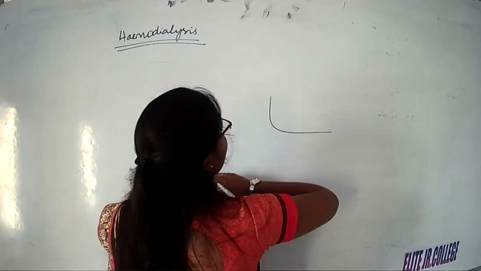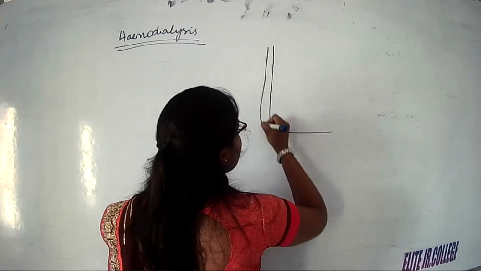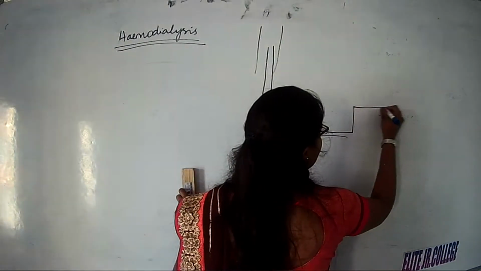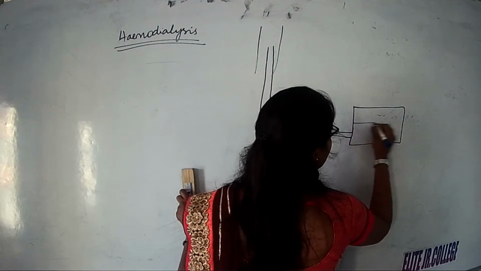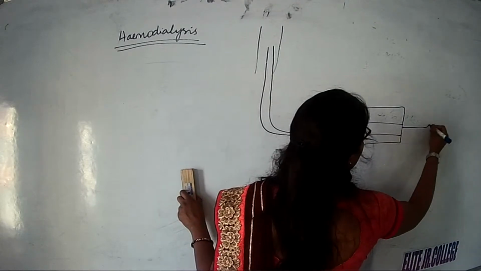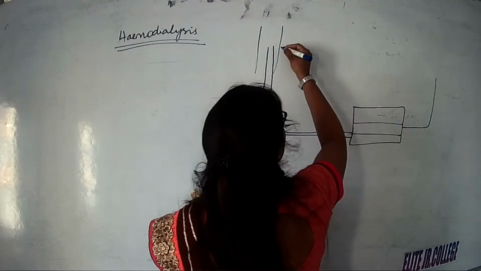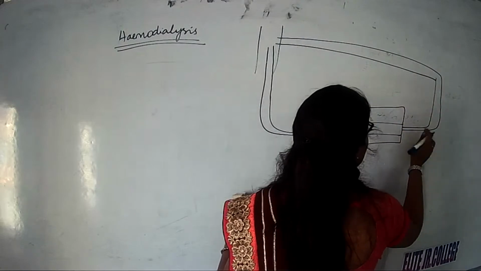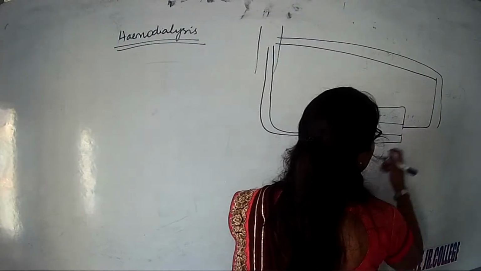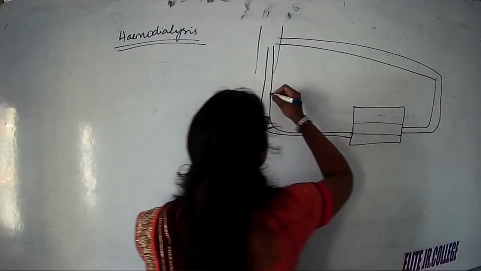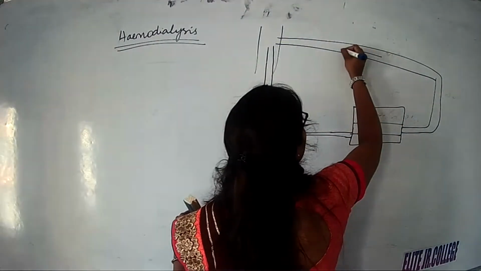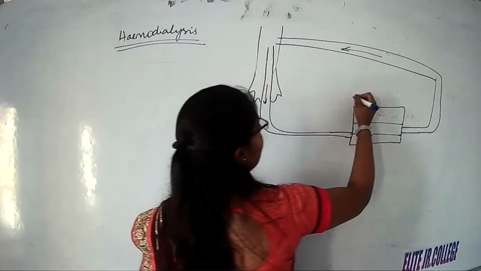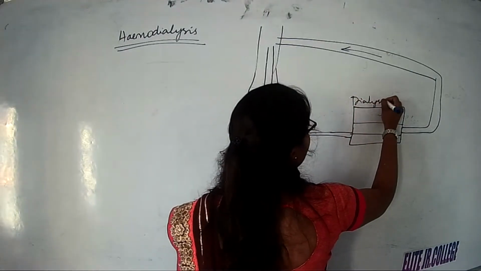This is going to be a rough figure which is going to explain how hemodialysis actually happens. So this is the dialyzer.